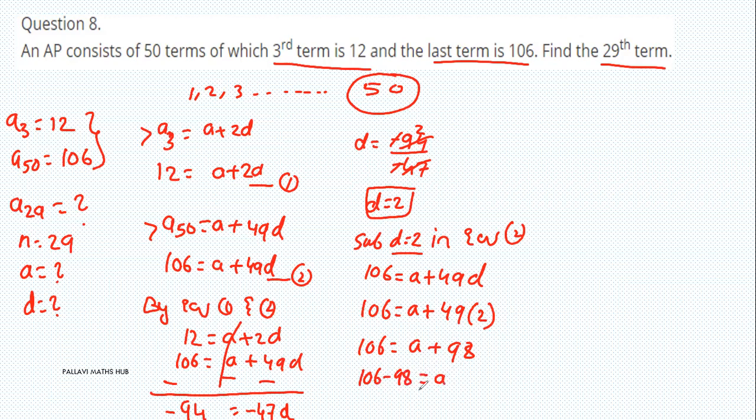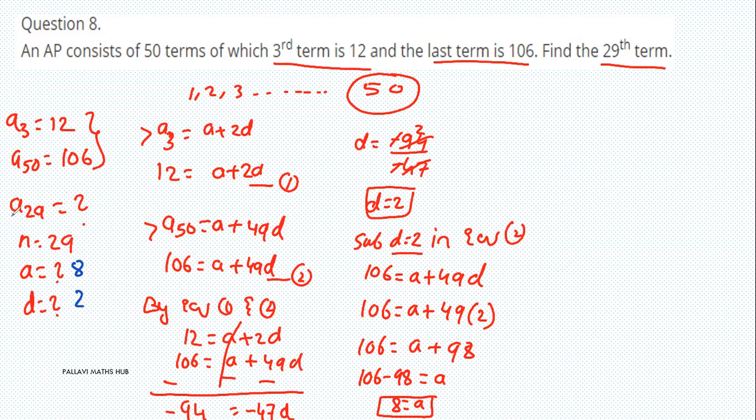Then 106 minus 98, how much will you get? 8 is equal to a. Then the value of a is 8. Yes, you got the values. a is 8 and d is equal to 2.